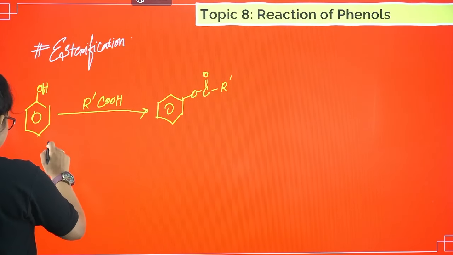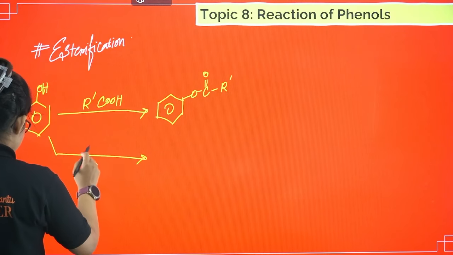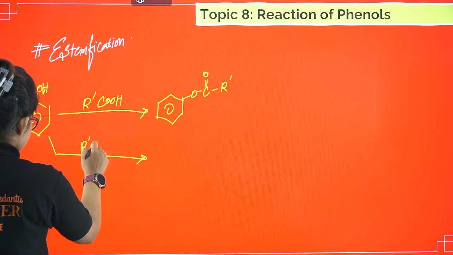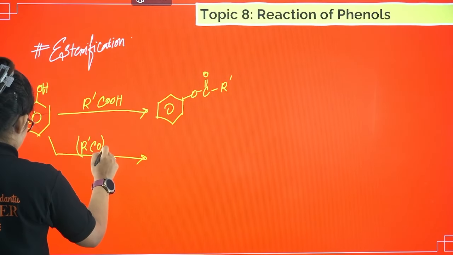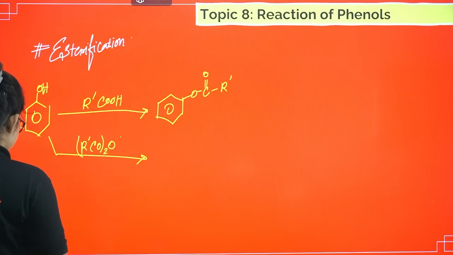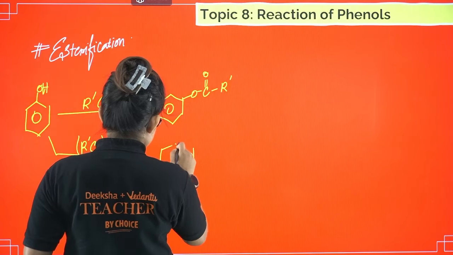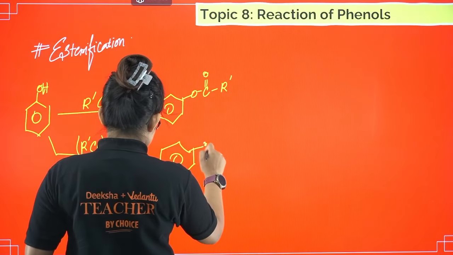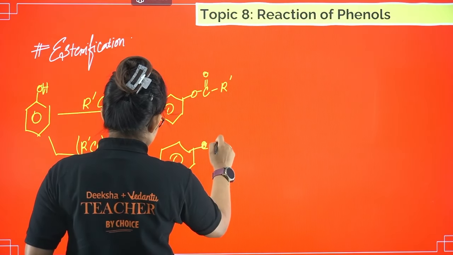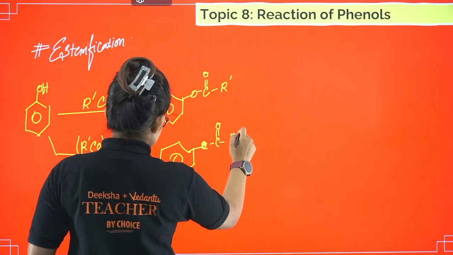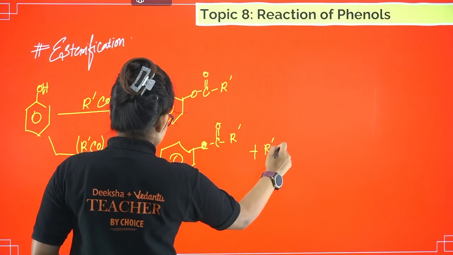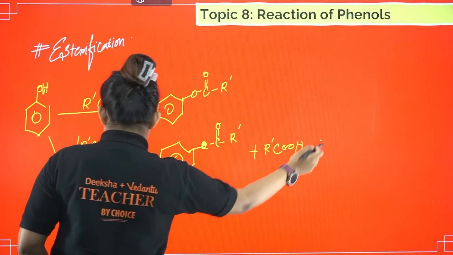Let's say I am giving some anhydride type of thing, (R'CO)2O. Here also you will end up with the ester, OCOR', along with R'COOH.